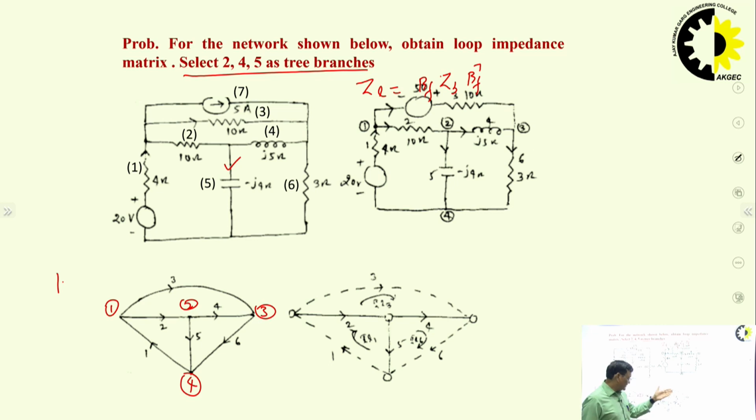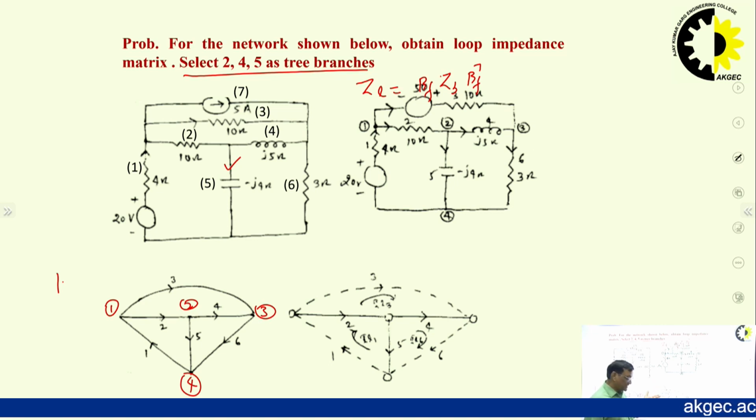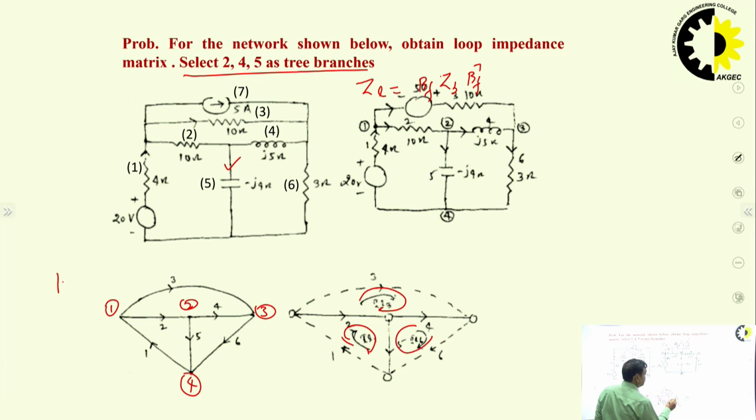Now, we can see that there are 3 fundamental loops. Why 3 fundamental loops? Because there are 3 links. And the orientation of a fundamental loop is the same as its defining link. So, the orientation of this loop will be like this, this will be like this, and this will be like this.